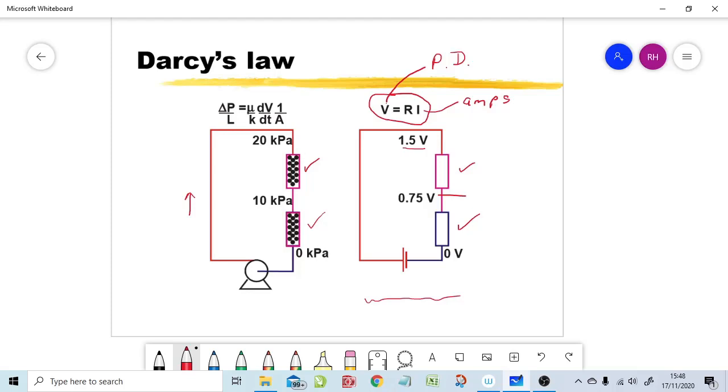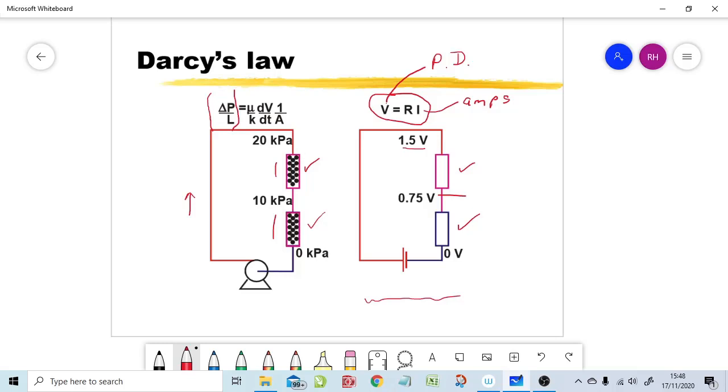Right, let's turn our attention to the constitutive equation. This equation here is analogous to our V equals IR. First of all, let's consider the pressure gradient. Delta P, our 20 kilopascals here, divided by the length, which, if we assume negligible pressure drop in the piping, will be the combined length of these two resistors if we're looking at the total pressure drop. If we're looking at just the pressure drop over one of these columns, then we just want the length of one column.